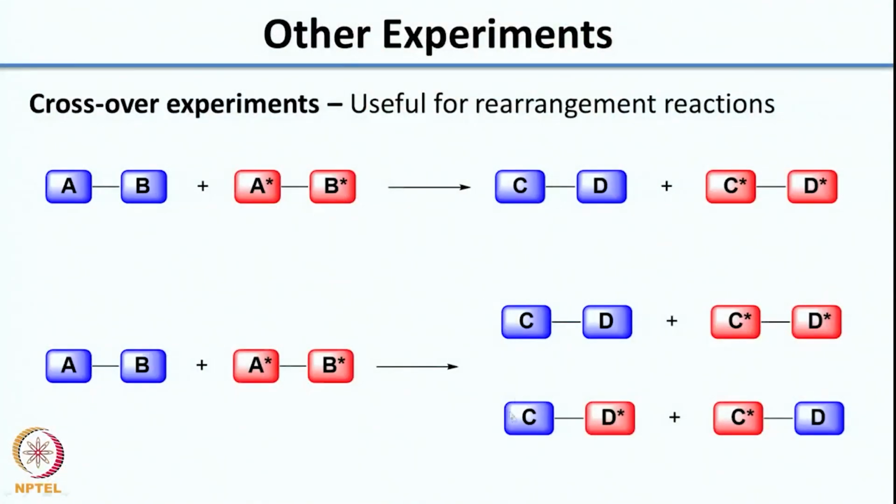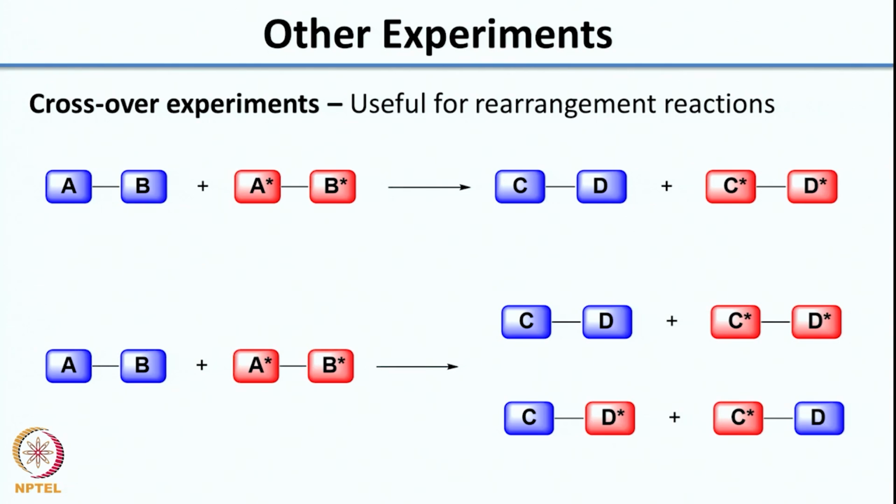One would be the original 2, which is CD and C star D star. The other is you have one component coming from AB and the other component coming from A star B star. So you have C D star or C star D. I have color coded it so that it is easier for you to understand.